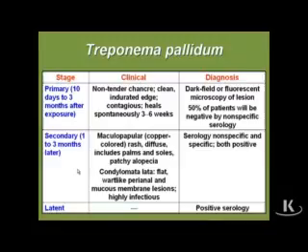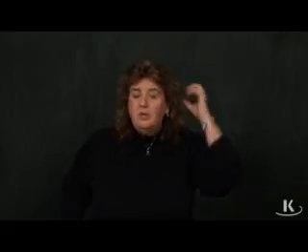Now, aside from the rash, you also have hair loss, patchy alopecia. It can be in the head or the scalp. In men, you'll also notice it very commonly in the beard, okay, and the facial hair. But it can also be in the scalp as well. So we have a copper-colored rash, we have patchy hair loss, and we have something called condylomata lata.